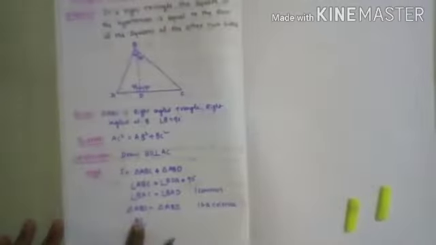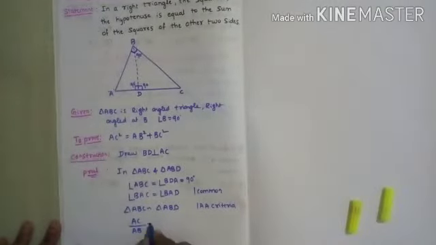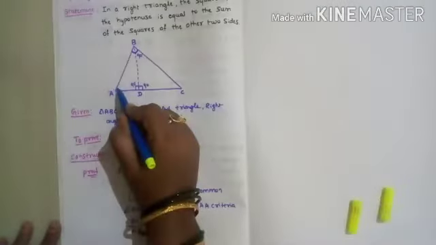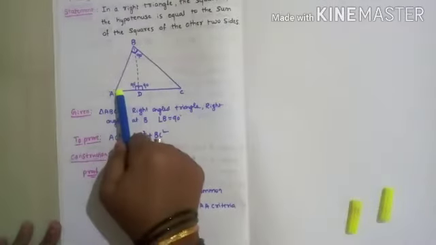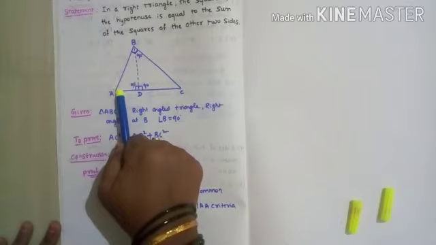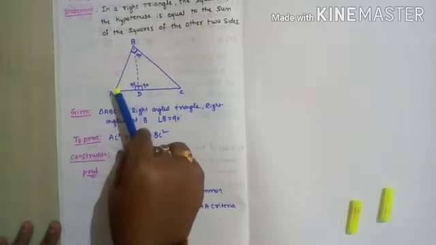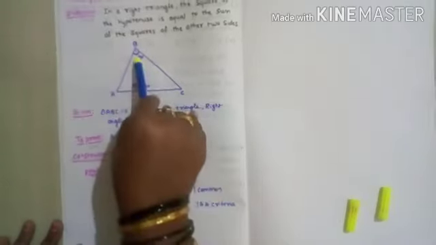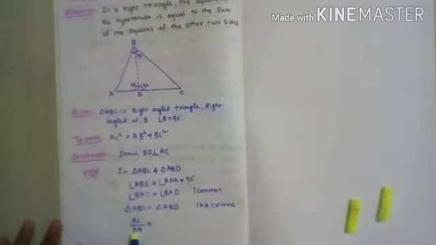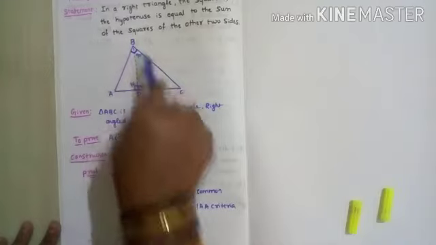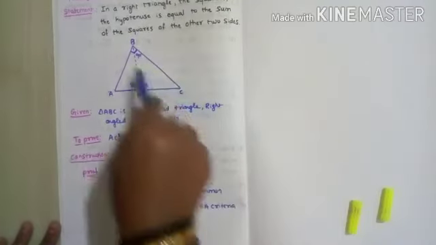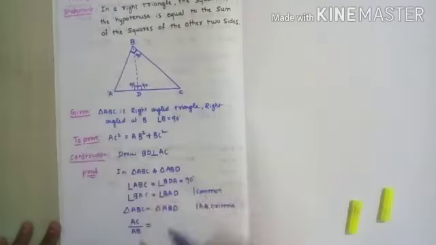Is equal to, here angle A is common for both the triangles. Don't consider this angle. Then the remaining angle in triangle ABC will be C. C's opposite side is AB in triangle ABC.